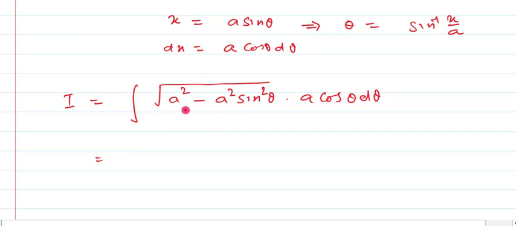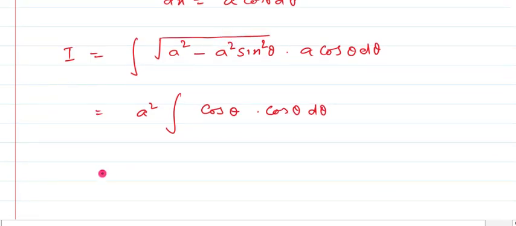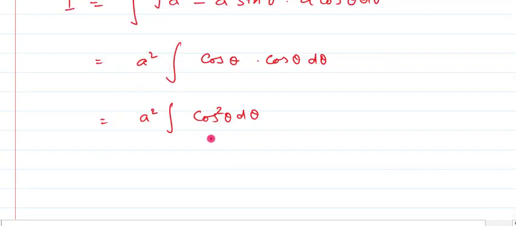So after simplifying, we are having a from here and a from here. So outside we can take a square, and here 1 minus sine square theta is cos square theta, and because of the root it is cos theta only, into cos theta d theta. This is simply a square into cos square theta d theta. Now you know very well how to find the integration of cos square theta.